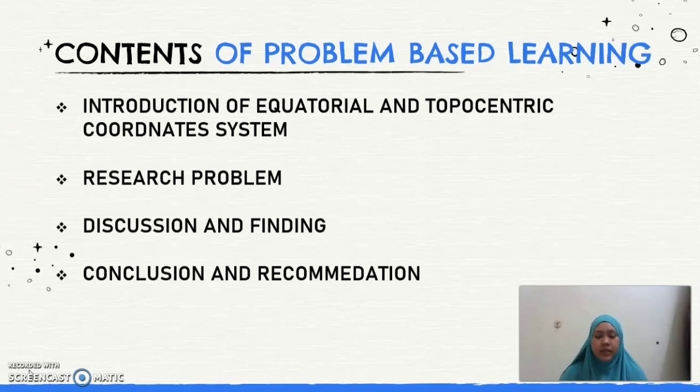Third is the discussion and findings about the equatorial and topocentric coordinate systems and how astronomers use them. And the last is the conclusion and recommendation.